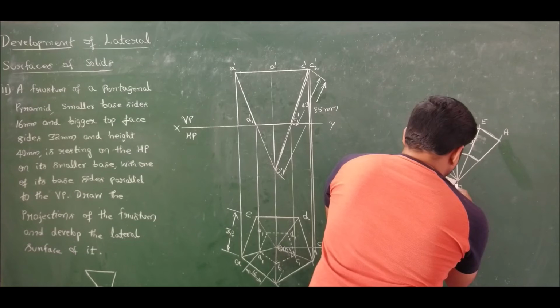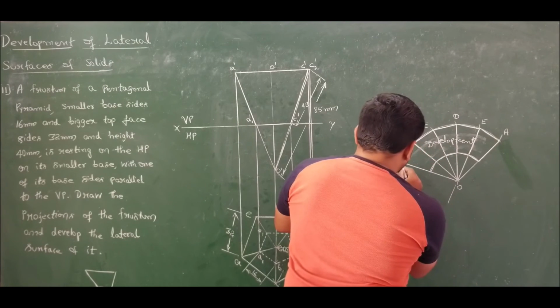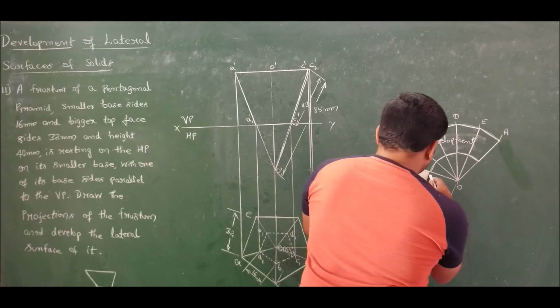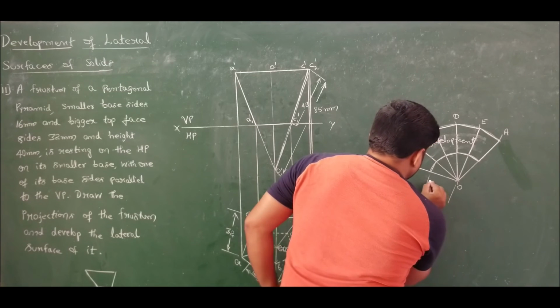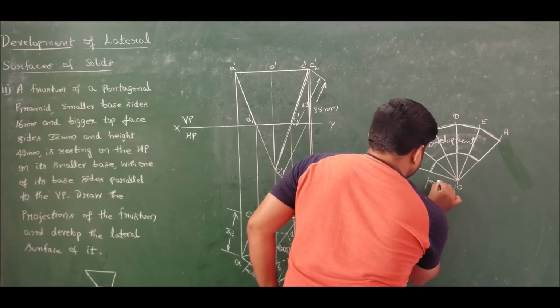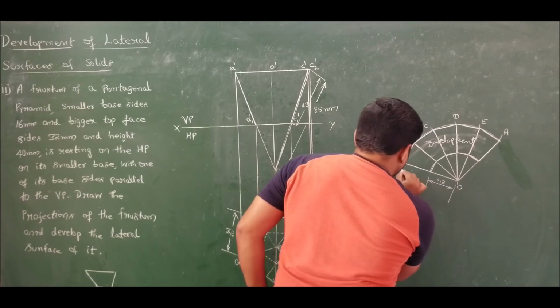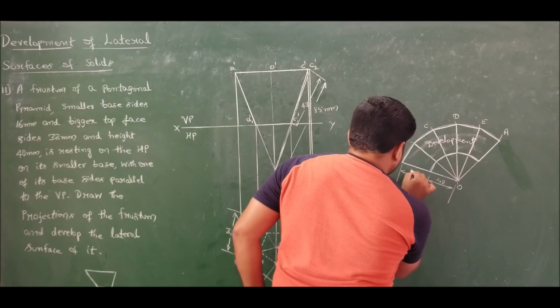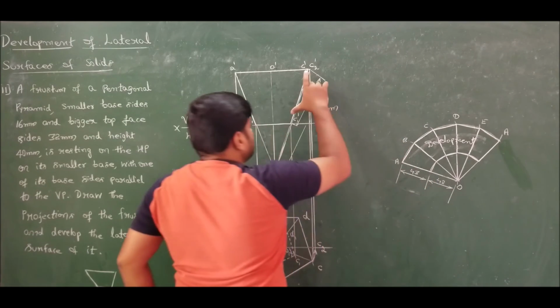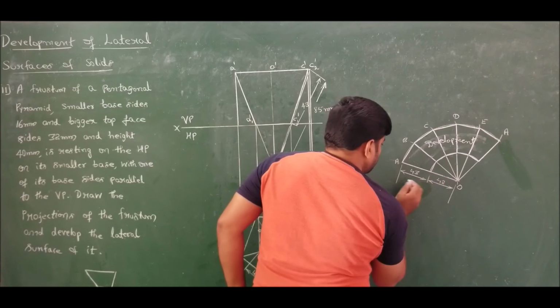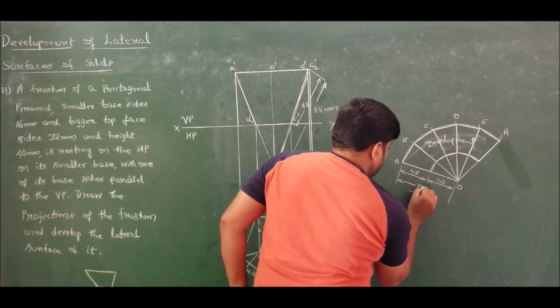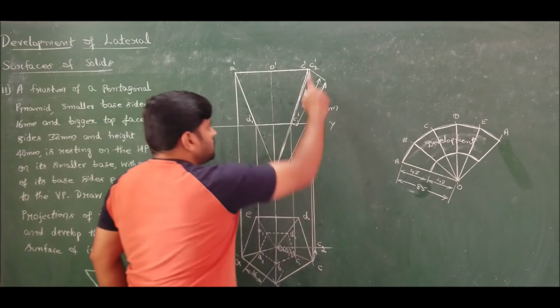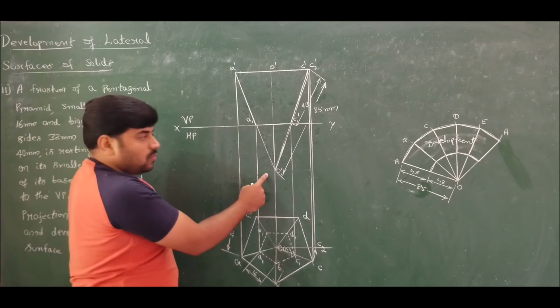Now showing the measurements, from here to here it is 42. So remaining is 43. From here till here it is 85, the true slant edge length, that is C2 dash to O1 dash.